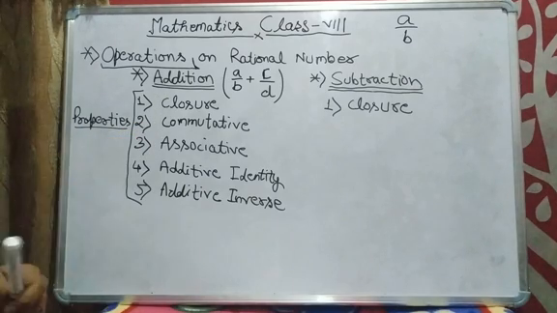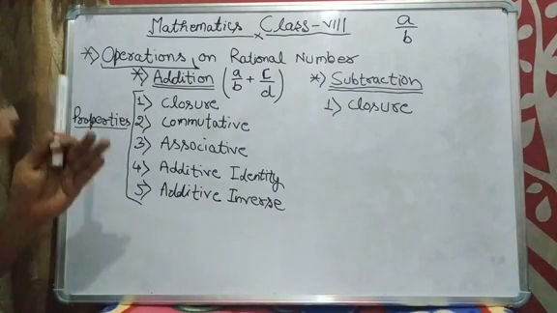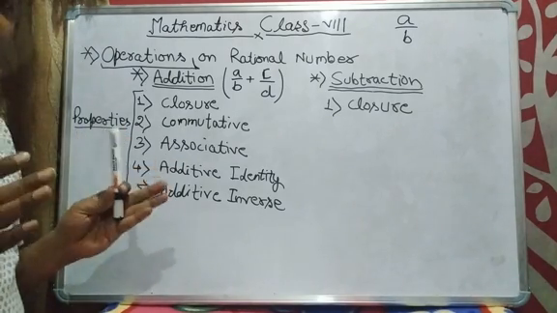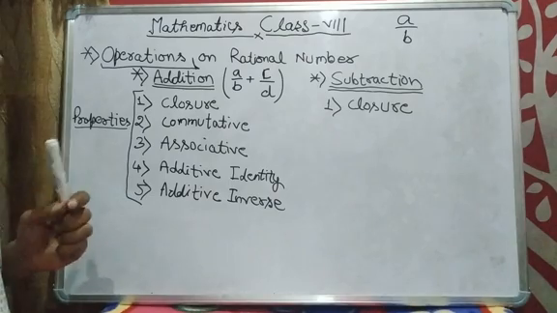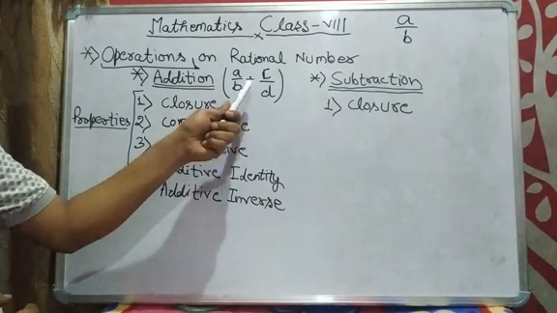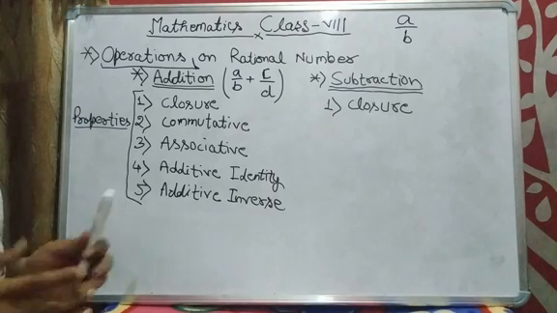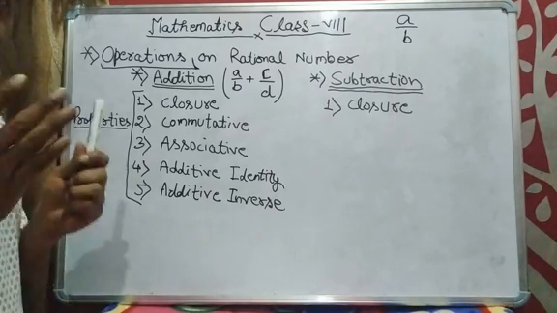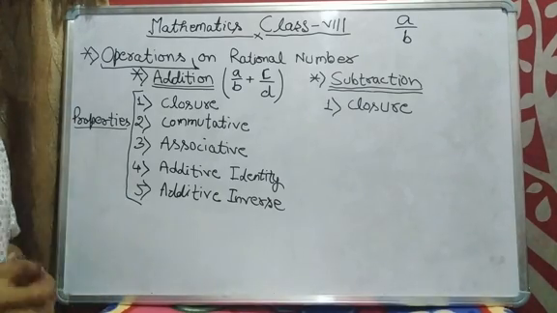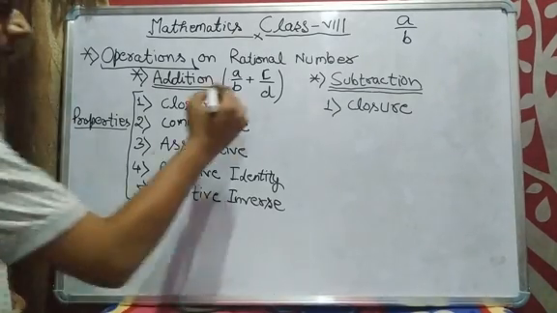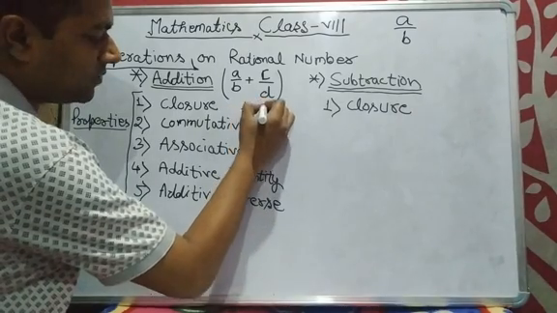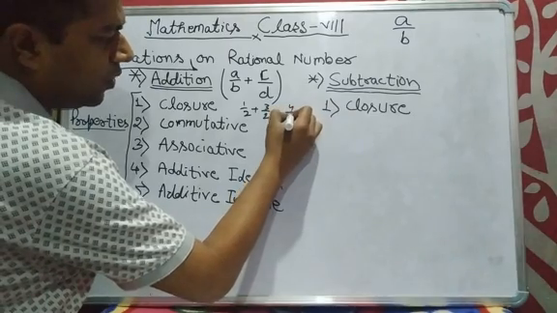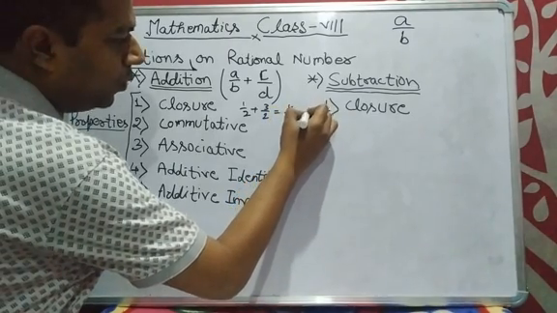Dear students, make the difference among all the properties one by one. The closure property says if two rational numbers A upon B and C upon D are added, then the result will also be a rational number. We are adding 1 upon 2 plus 3 upon 2, so we get 4 upon 2 or 2 upon 1.